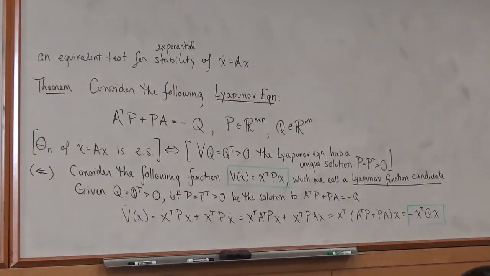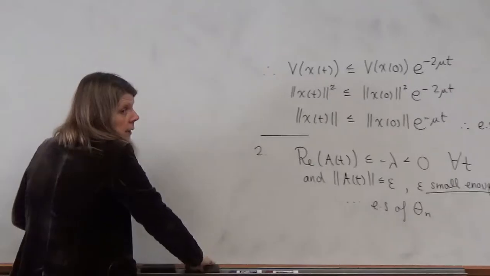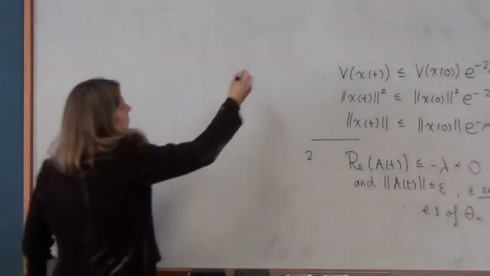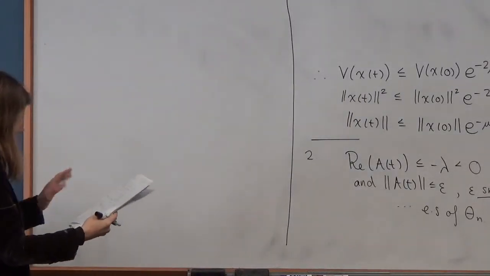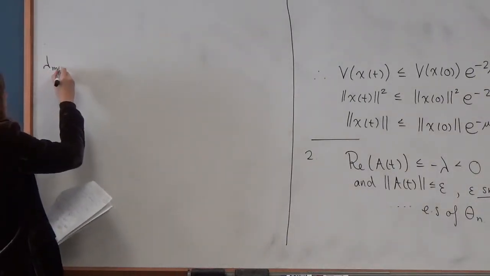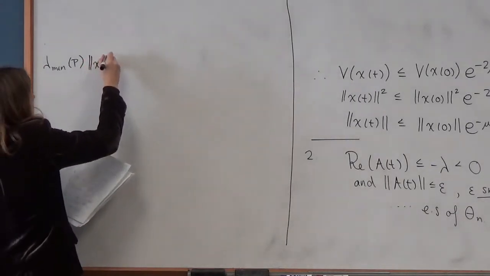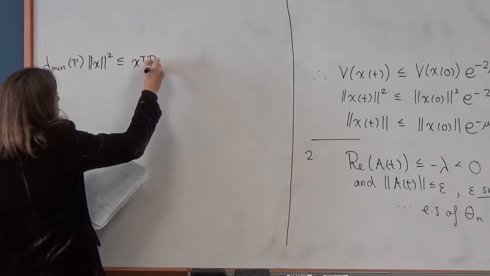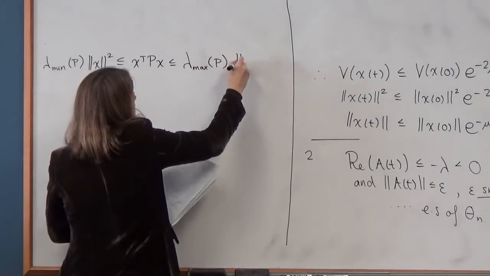All right, so based on what we did here, we can derive similar bounds for these quadratic forms, x transpose Px and x transpose Qx. I won't repeat the analysis that went into this, but we know that lambda min, the smallest eigenvalue of P, times norm x squared is less than or equal to x transpose Px, which is less than or equal to lambda max of P times norm x squared.